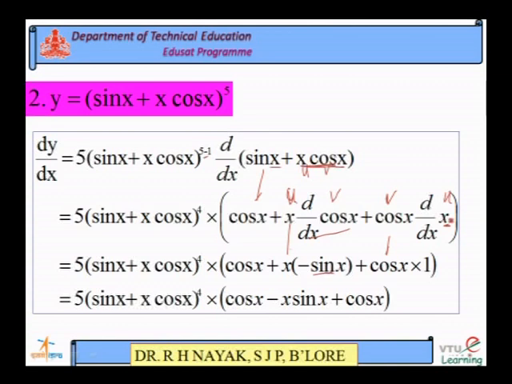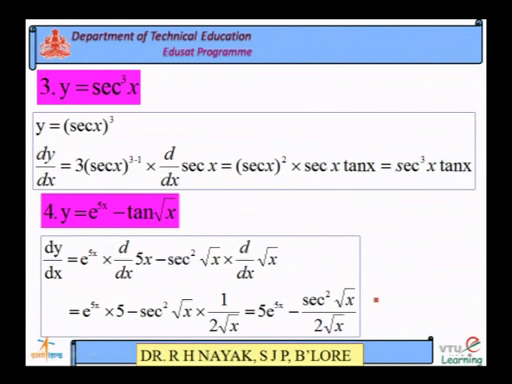That is cos x plus minus x sin x plus cos x into 1 is cos x. This will be the simplified form.